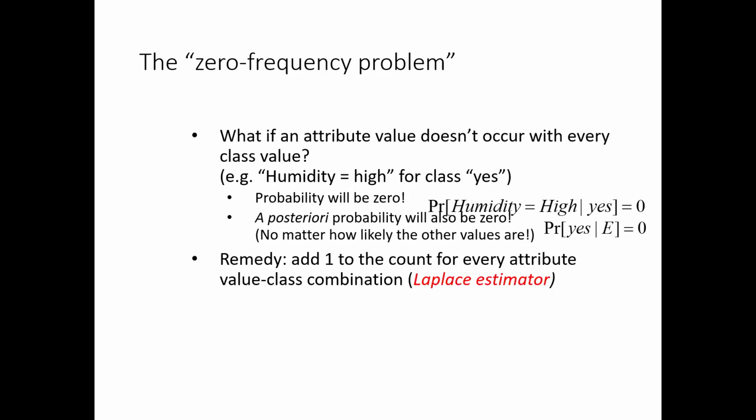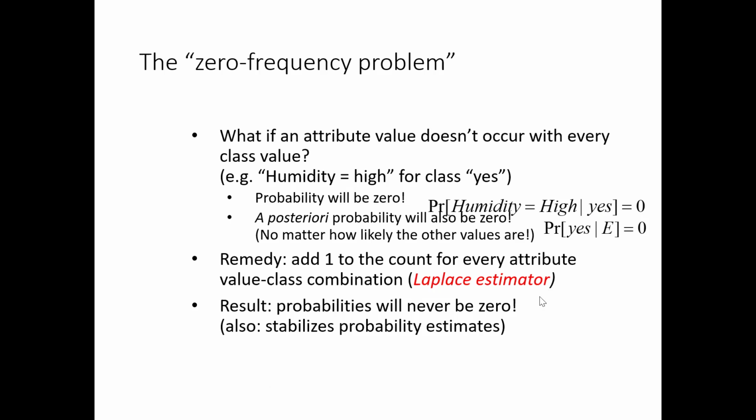The remedy is you can add 1 to the count for every attribute value combination. So if this problem arises, you can add 1 for every attribute value. If you ask me why this is working, this is called the Laplace estimator.